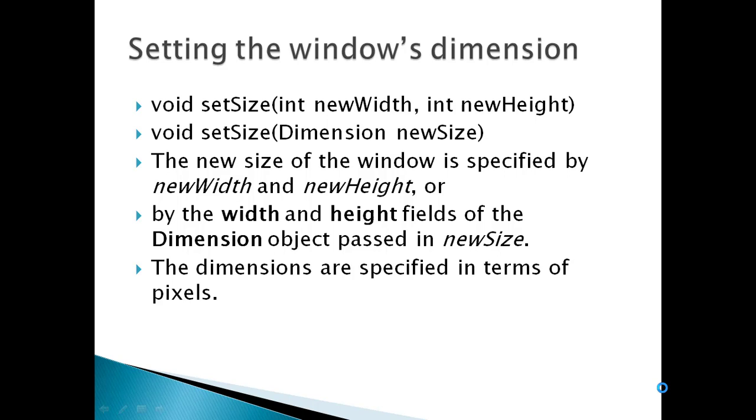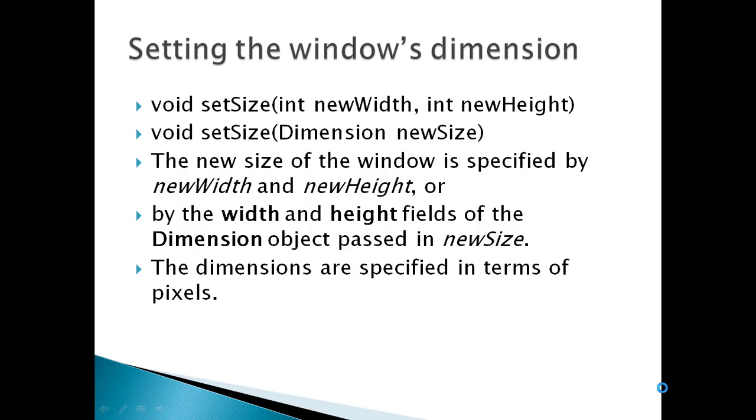To set the window's dimensions, meaning for a frame we need to set the size, height and width, we use the setSize method. void setSize(int newWidth, int newHeight) sets the size for the frame window.